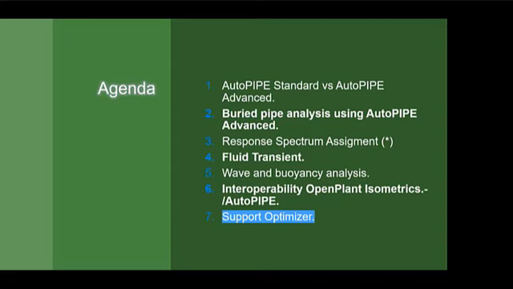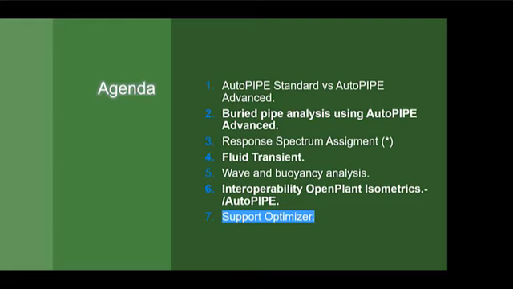The agenda today is, first, talking a little about the versions that we have in AutoPIPE, AutoPIPE Standard or AutoPIPE Basic, in comparison with AutoPIPE Advanced. Second, buried pipe analysis. Third, response spectrum assignment. Fourth, fluid transient.